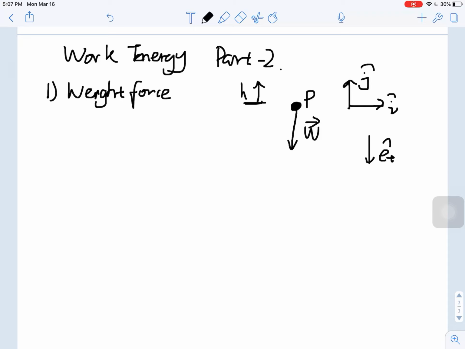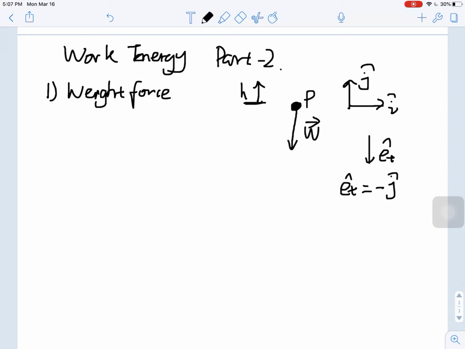In this system, e_t hat and j hat are both in the vertical direction but have opposite directions. So the conversion between these two unit vectors is e_t hat equals negative j hat.